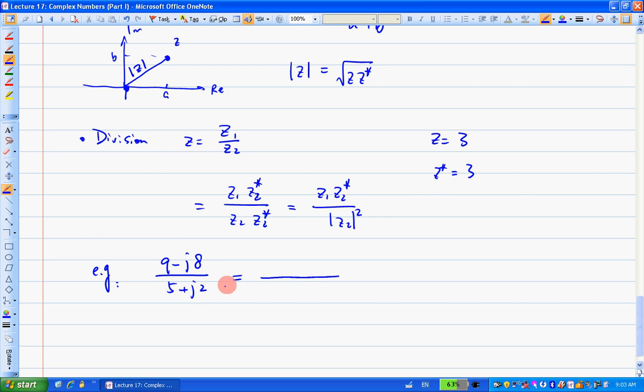As we said, we're going to turn the denominator into a real number by multiplying by its conjugate, 5 minus j2. That's how we turn it into a real number. We need to multiply this 5 minus j2 on the top.